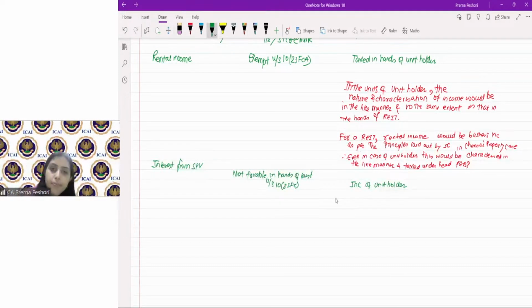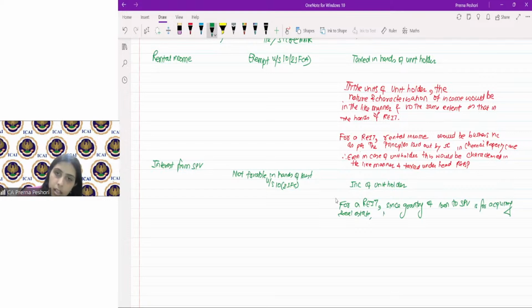Okay. So therefore, for a REIT, since granting of loan to the SPV is for acquiring real estate, this interest on loan is earned in the ordinary course of business.